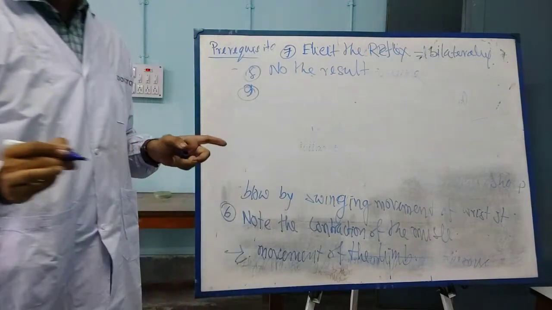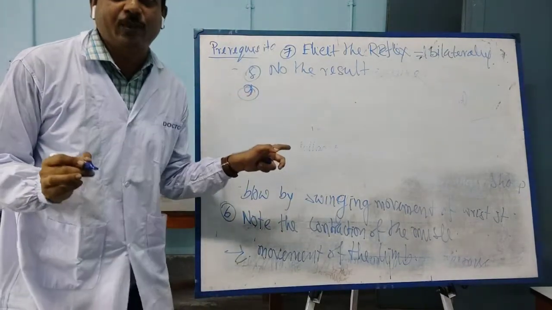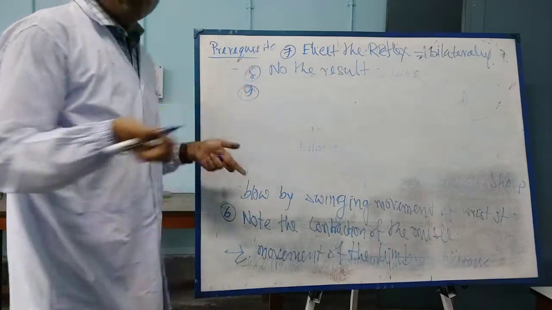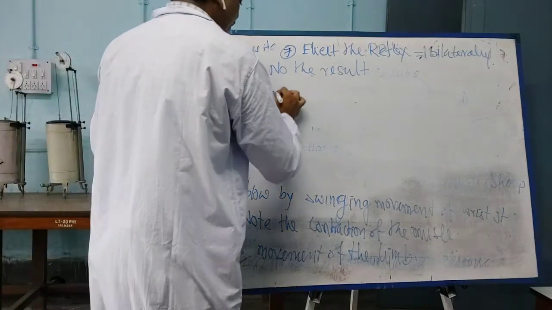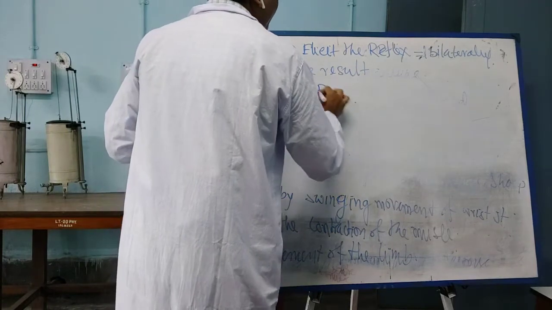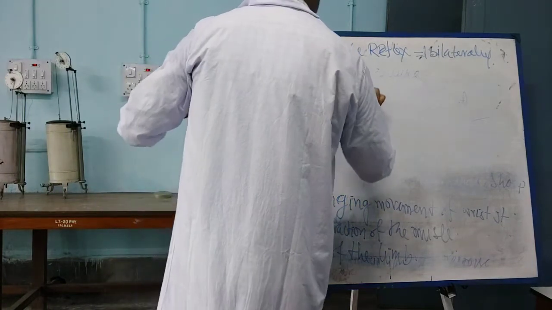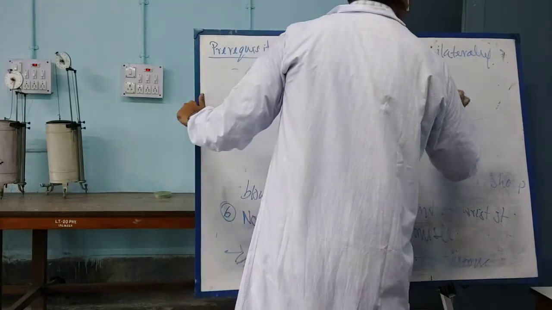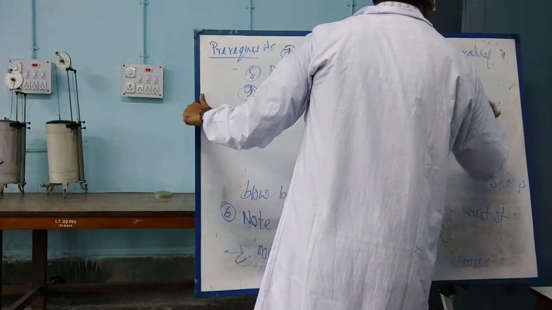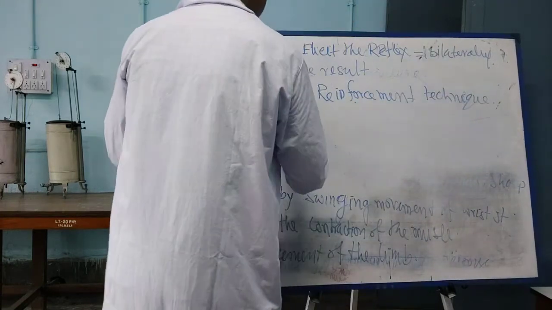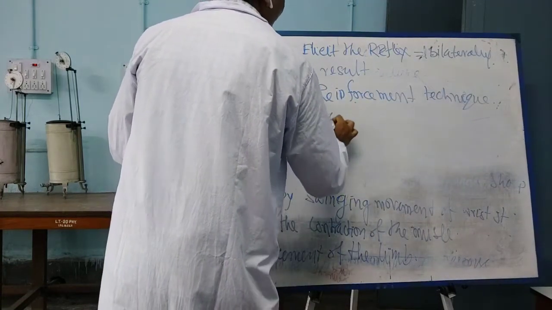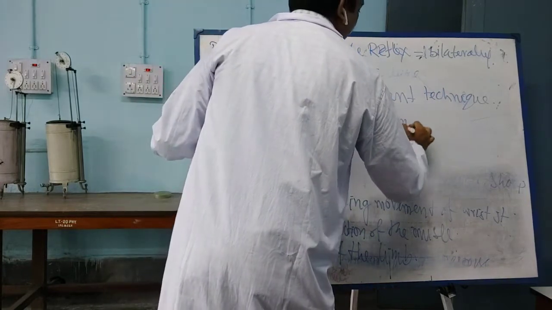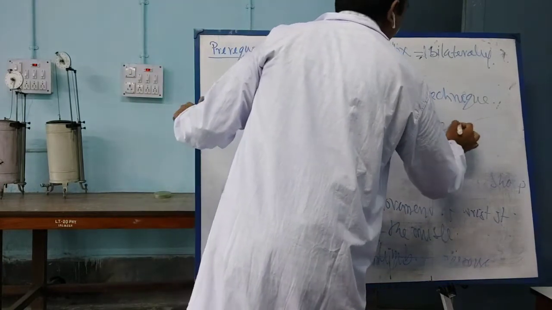Now, in case of a tendon jerk, if there is no response, go for the reinforcement technique, or the Jendrassik manoeuvre.